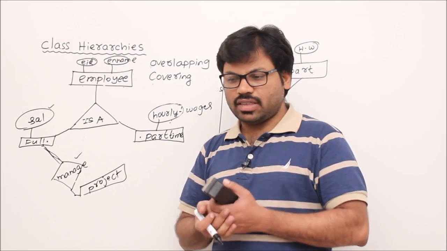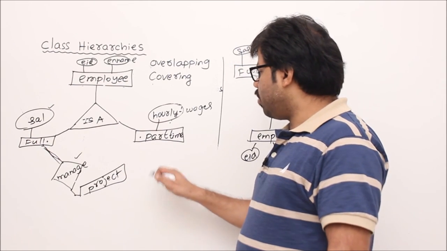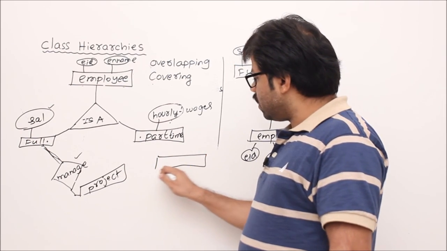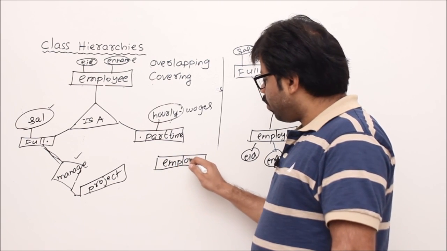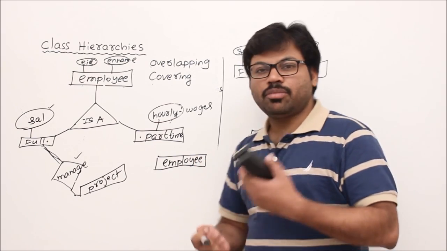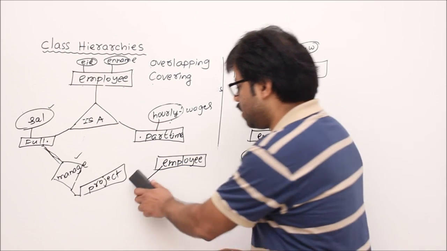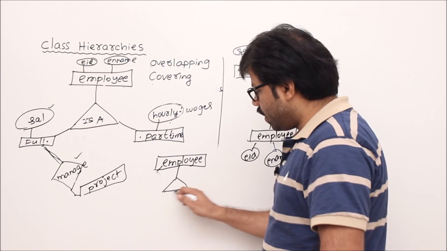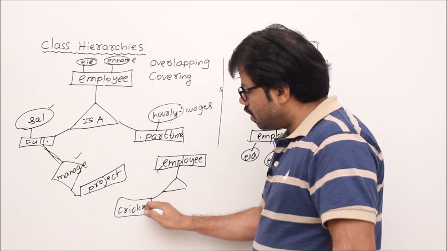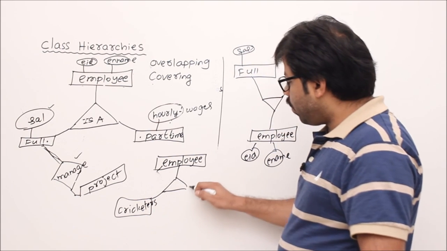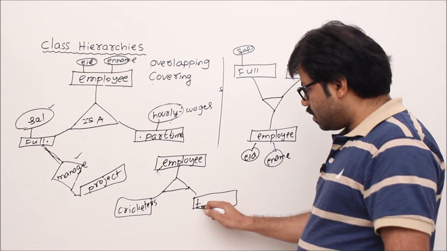But in some classifications there are subclasses that will have common elements. Let's see such an example. Let's say these are all employees, and these employees are classified into two parts, like this: employees who play cricket, cricketers, and tennis players.